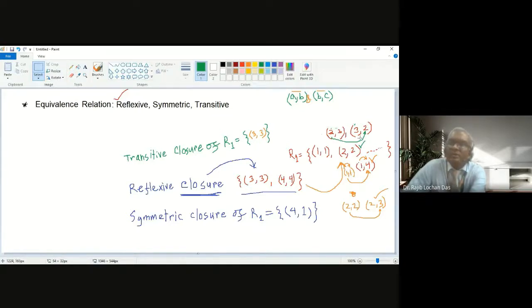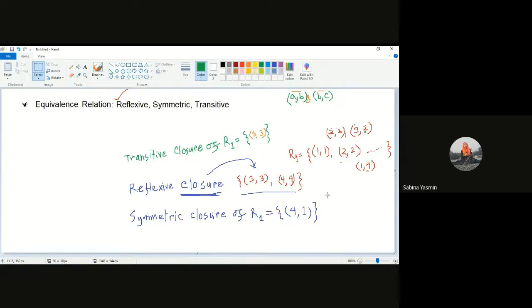If you can find something which will be included and the relation will be transitive, that will be called the closure. That's all. Do you understand now? Is this clear? The idea is clear.